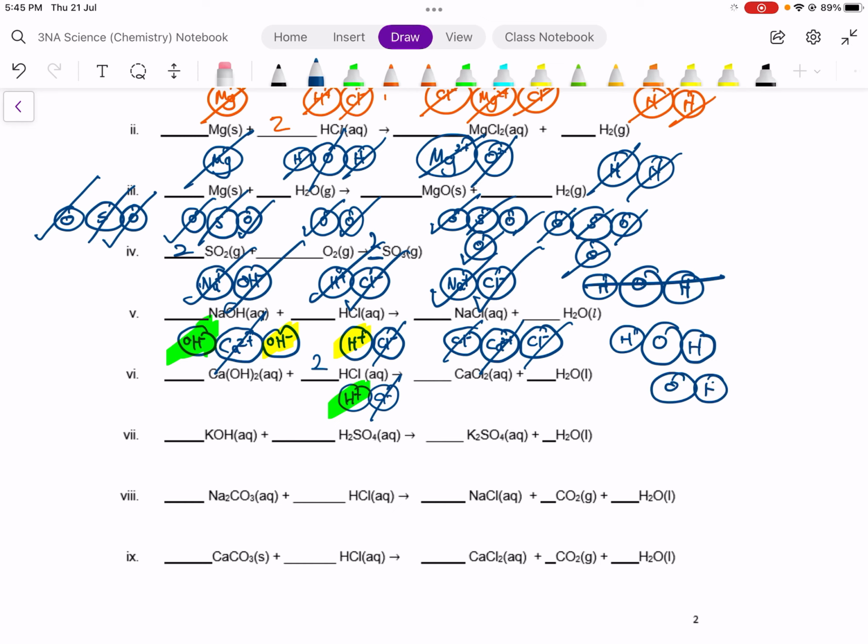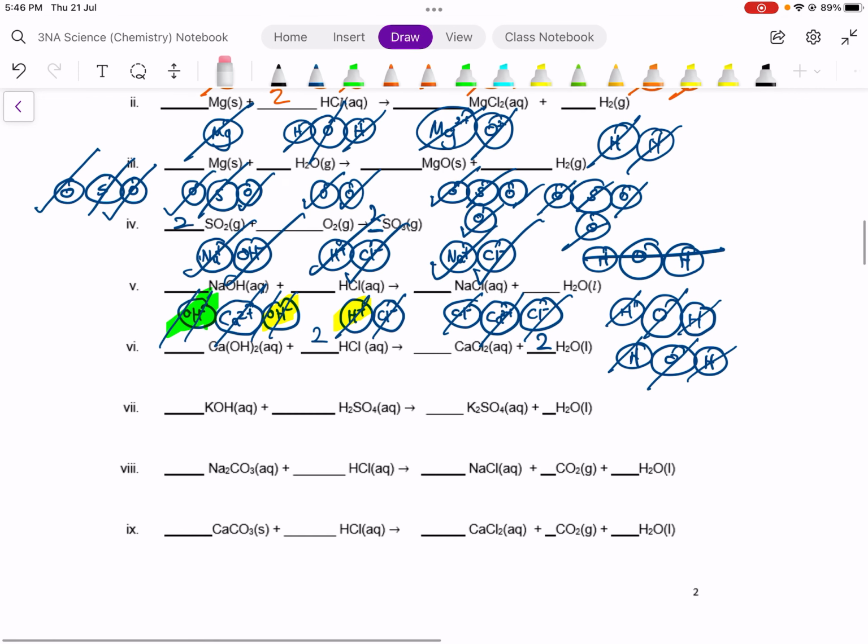Then you can see why it's balanced: H 1 2 3 4, 1 2 3 4. Oxygen 1 here, 1 here, 2 on the left as well. So put a 2H2O here. Alright, and we are done for this one. I will erase this because I need a space for the next one.